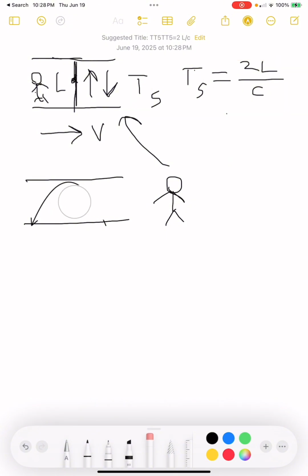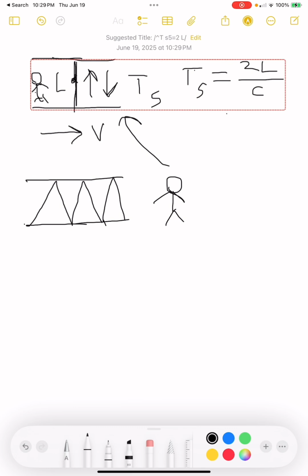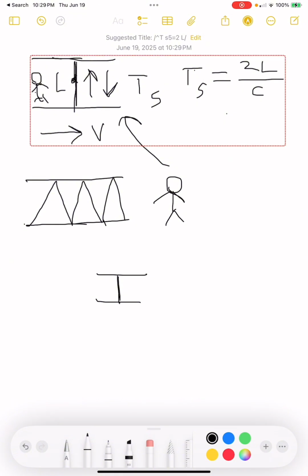He's going to see the light bounce up and down, but he's going to see it move in position x-wise. So this is how an outside viewer is going to see it. And it makes sense, right? Because if this is moving, it would make sense that it does this.